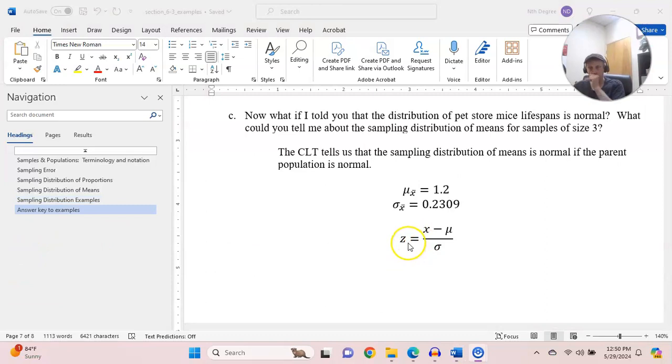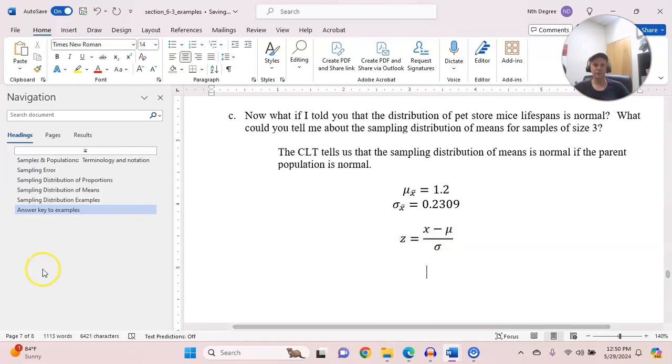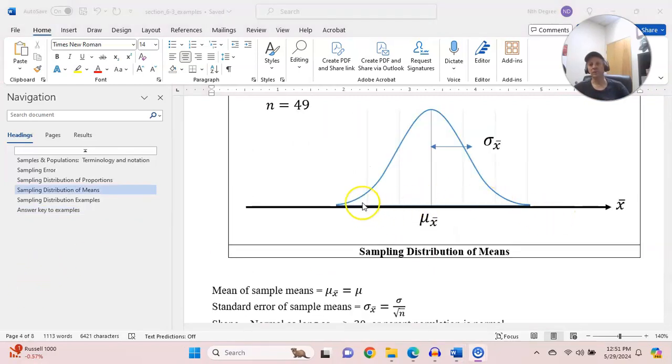This is what we've done before. This was the z-score formula when we were working with the parent population, right? Now, in this problem, we are working for the first time with a sampling distribution of means. So we just have to specify what exactly is being measured on this distribution. So remember that the sampling distribution of means measures sample means, x bar. So instead of calling this x, we're going to call that variable x bar.